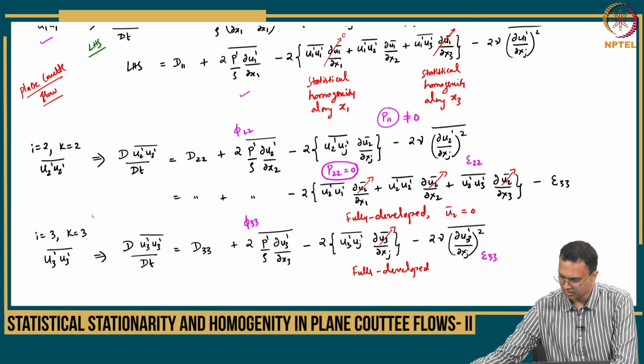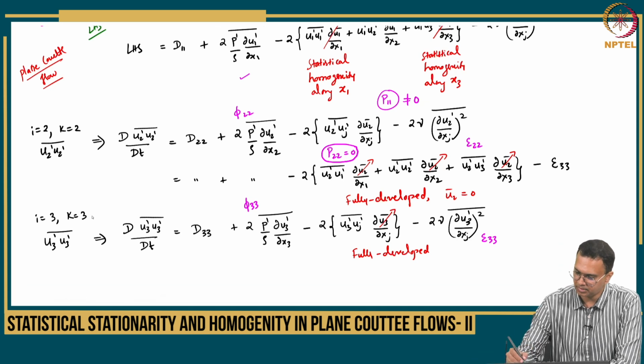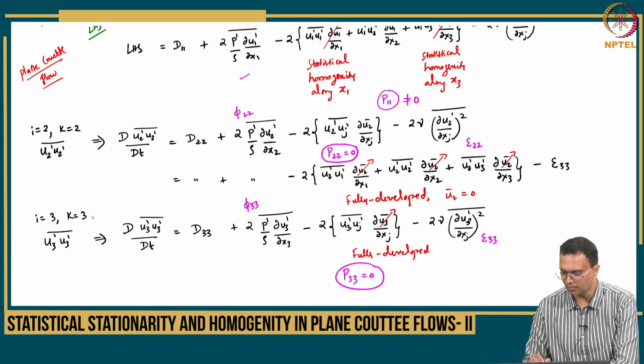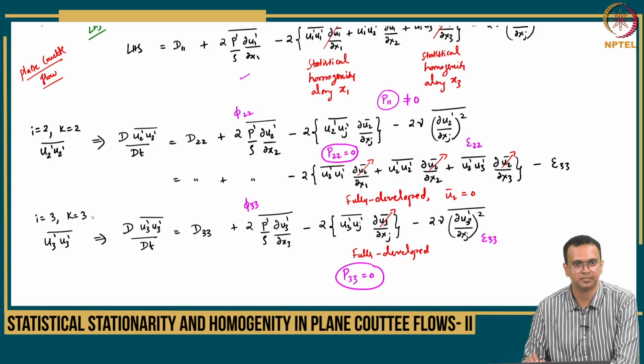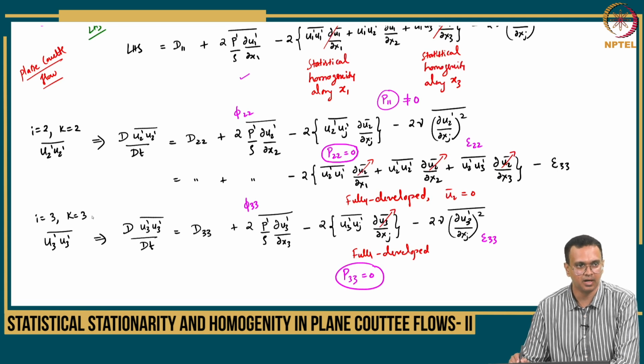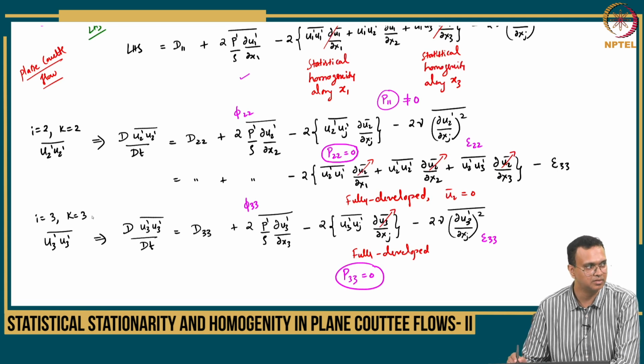Okay. So here, P33 is 0 again. So there is no production rate term for this either, and the dissipation rate is working very hard. It is removing the turbulence from the system.